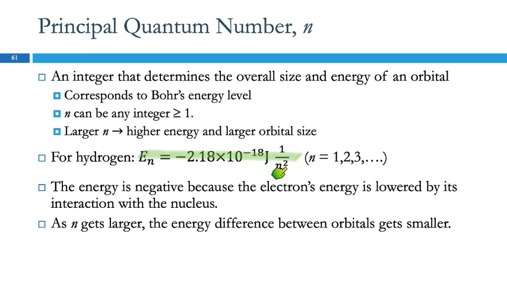If n is bigger, then we're dividing here by a bigger number, and the energy is higher, less negative, closer to being positive. It's kind of like being underwater. If this is sea level, then we can think about being below sea level.